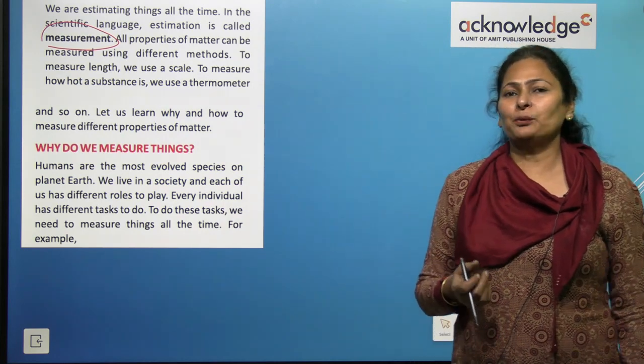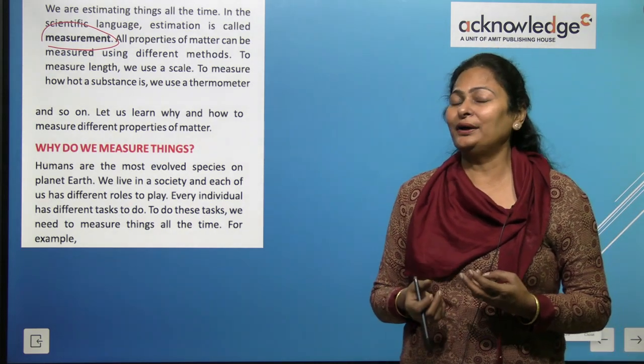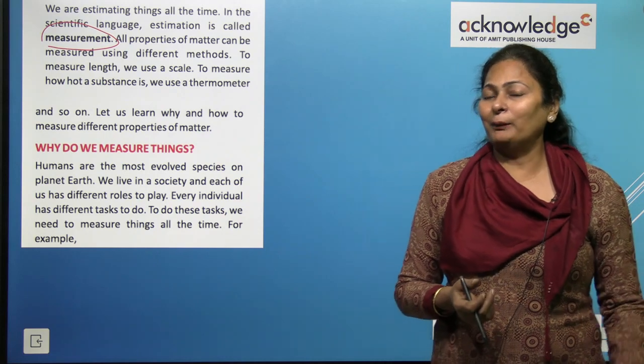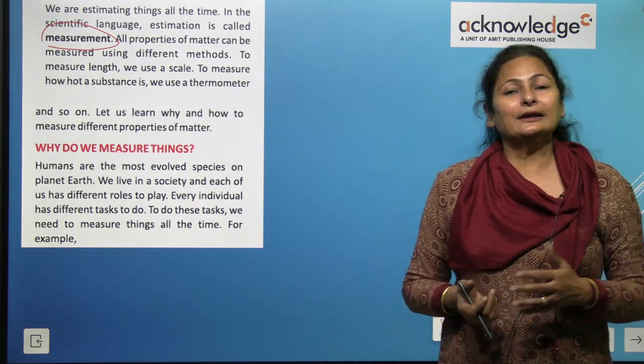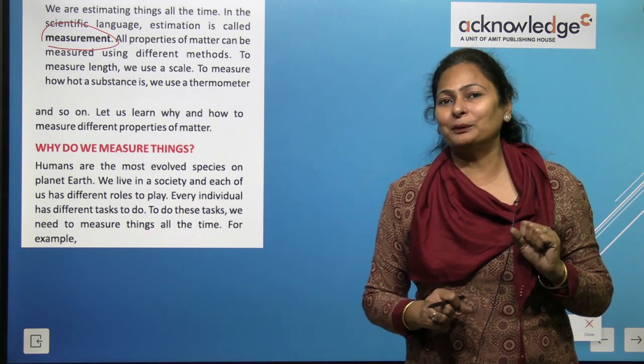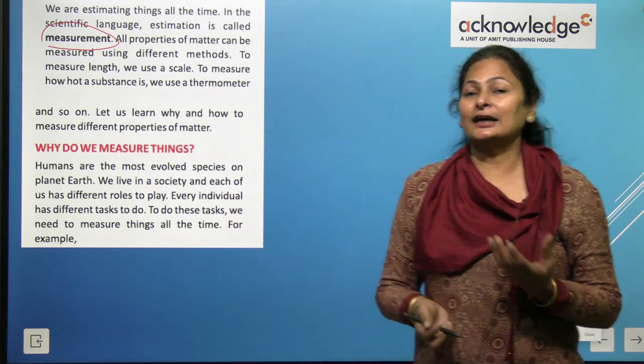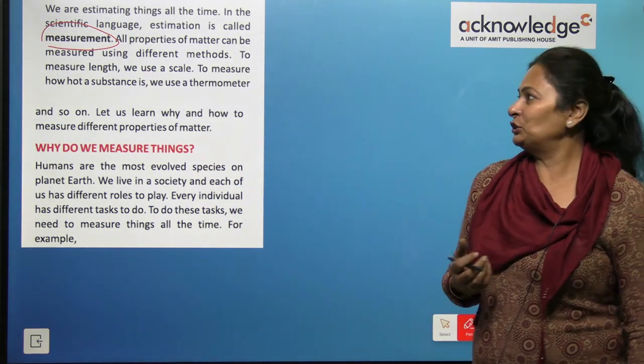So many things we purchase, and before purchasing, we should know the quantity, how much we are going to buy. Otherwise, we'll get confused in the market about how much we need to purchase, right? So estimation is nothing, it is measurement.